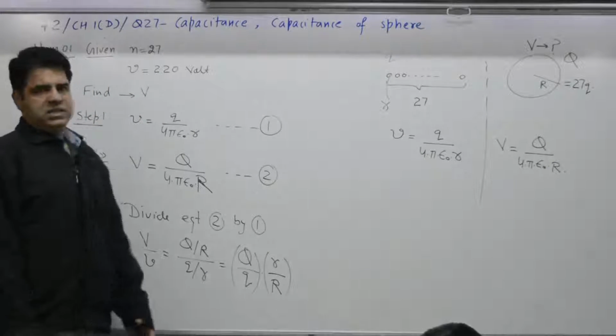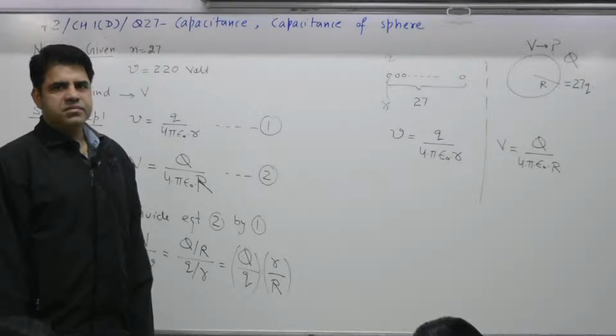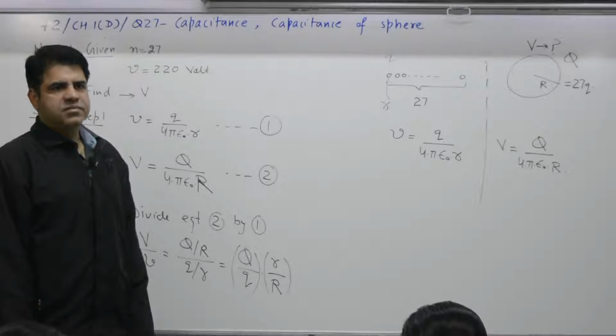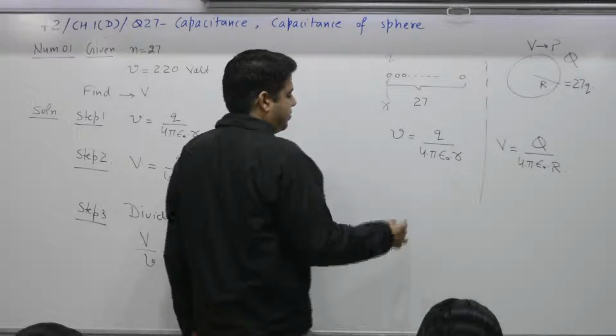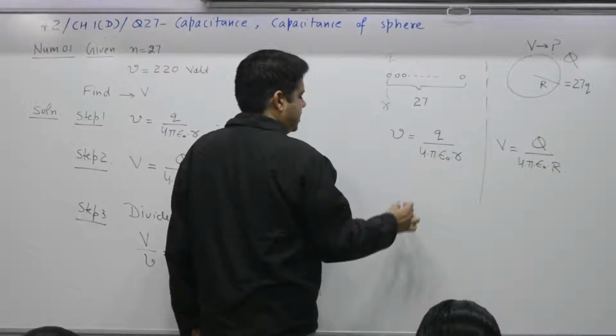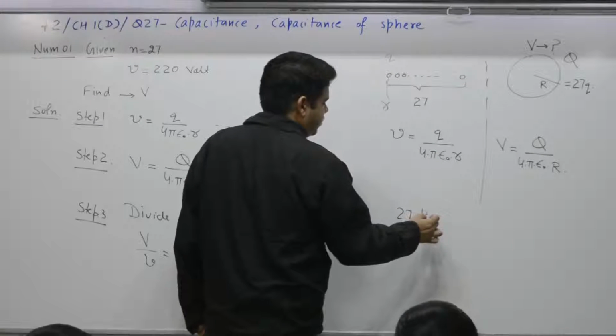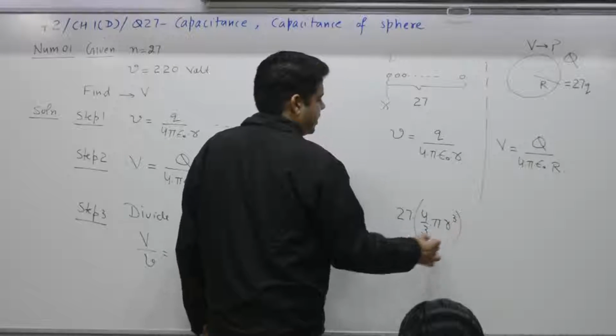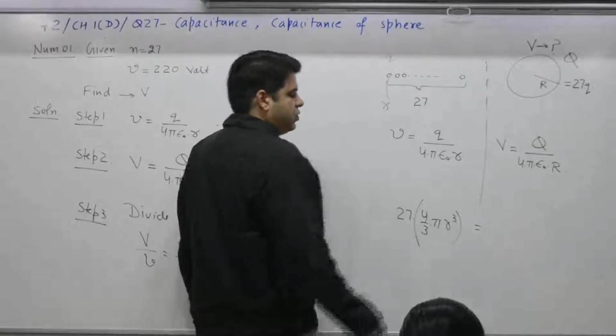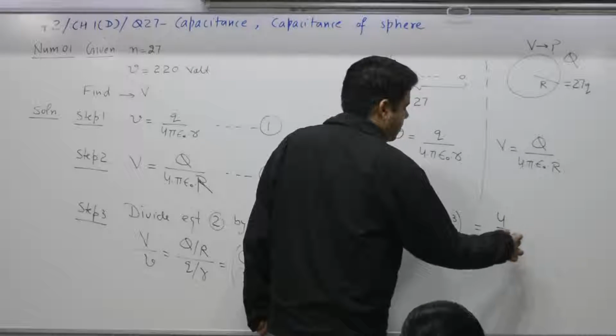What about radius? Total volume remains the same. Volume of all these, that is 27 times volume of 1, 4 by 3 pi r cube, is equal to volume of big drop.